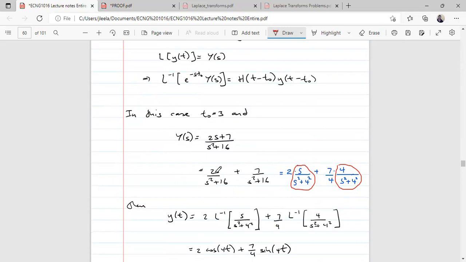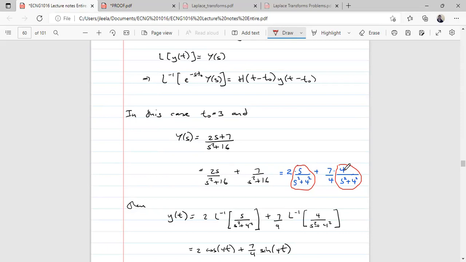Because you remember the rule to find the Laplace inverse of a function of this form. And then plus, I break up the 16 here as 4 squared, but I need a 4 at the top here, right? Because I know the Laplace inverse of s over s squared plus 4 squared is cos 4t, and the Laplace inverse of 4 over s squared plus 4 squared is sin 4t, right?